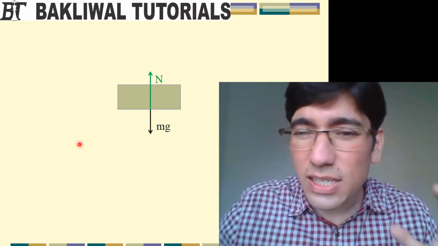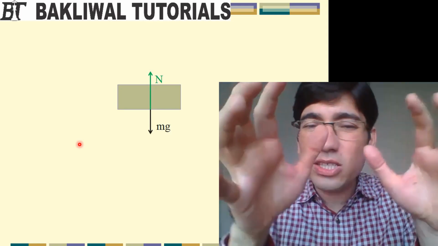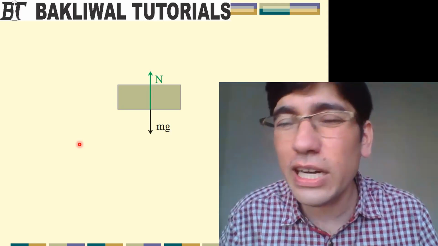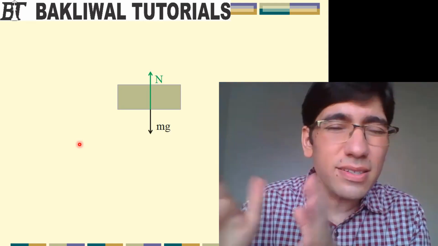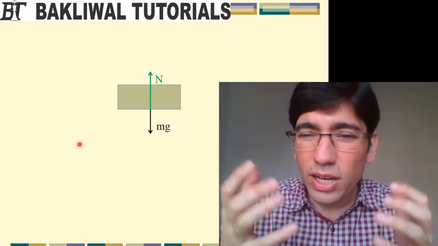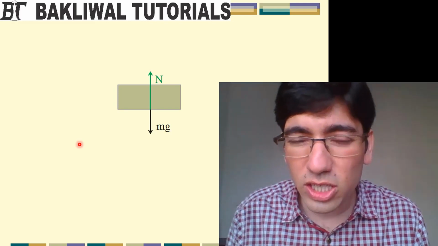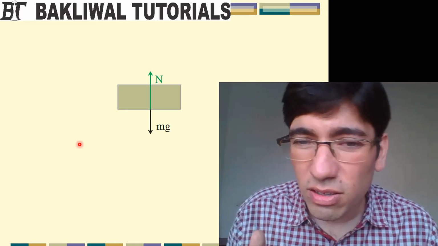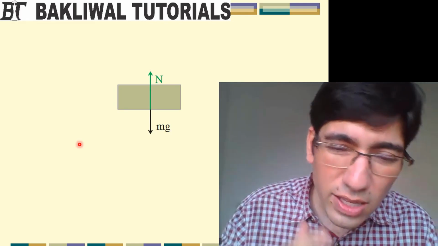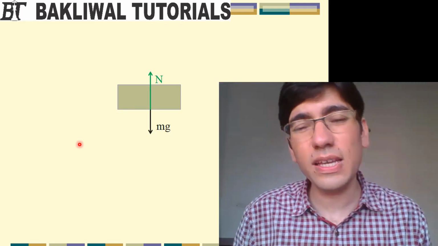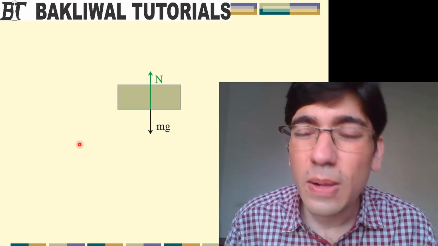See, forces can be classified in various ways. One classification is contact forces and field forces, but that's not a very, I would say, physics-based classification. In nature, as far as today's knowledge is concerned, we say that forces are of four types.